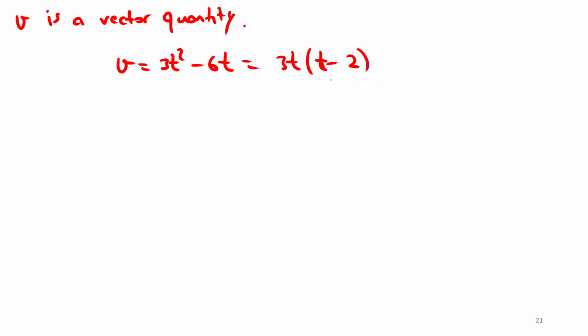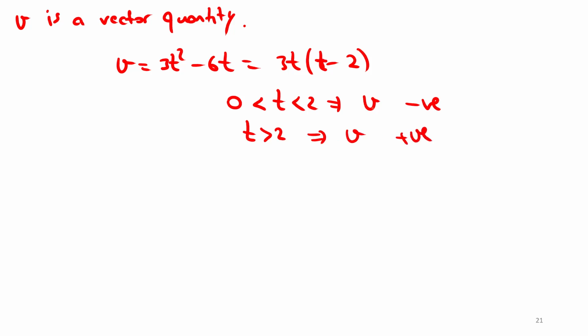And if I take t less than 2, you can notice that this part is negative, this part is positive, and then velocity is negative. Let's say 0 to 2, because time cannot be less than 0. If I take t greater than 2, then velocity will become positive.